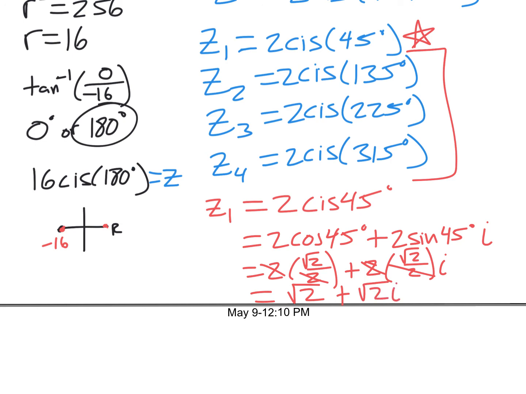Now, as you look at z sub 2, z sub 3, and z sub 4, you're going to be dealing with sine and cosine values of square root 2/2. All that's going to happen on the others is the sign will change positive to negative, right? Notice here, both a and b were positive. That's all that's going to happen on the other 3. Some of them, a will be negative, b will be negative, right?